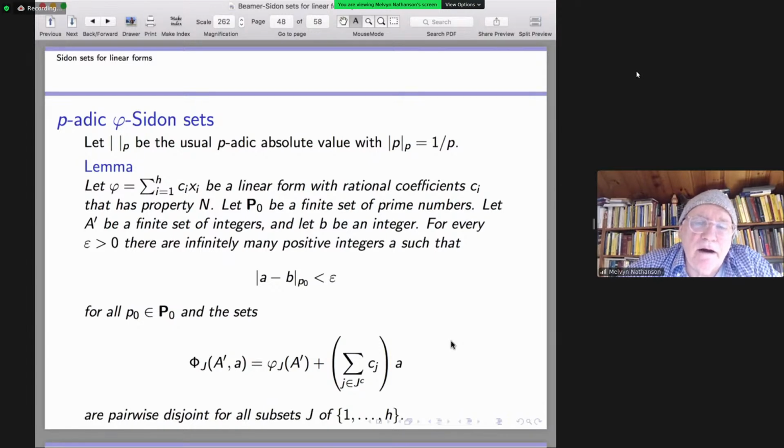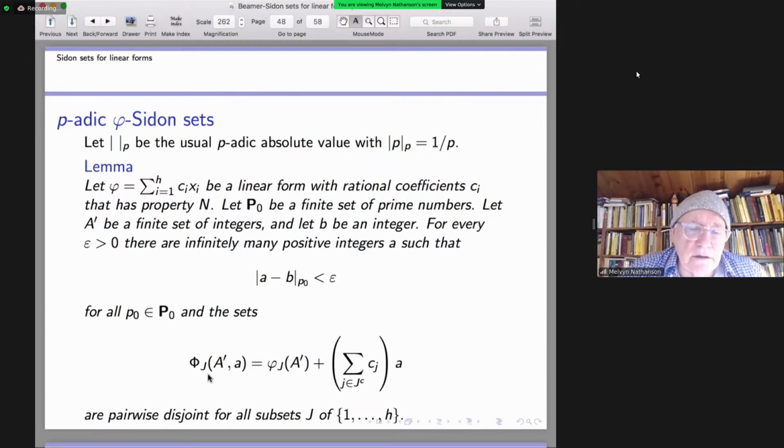Take a finite set of primes. It doesn't have to be just one prime; it can be a large set, but finite. Take any finite set of integers and take any integer b. Then for every epsilon greater than 0, there are infinitely many positive integers a such that a minus b p-adically is less than epsilon for every prime in the set p naught. So a is p-adically close to b for this large finite set of prime numbers.